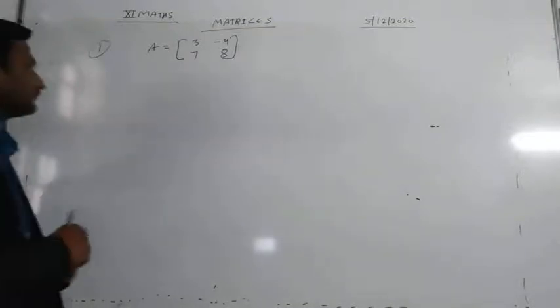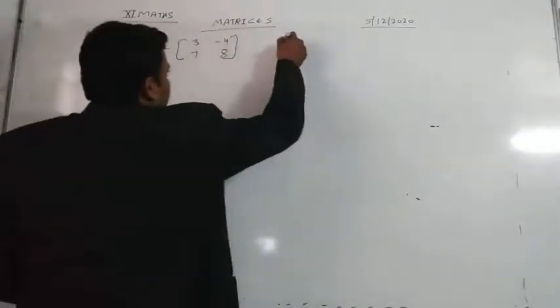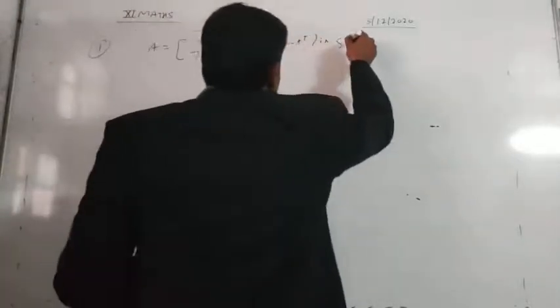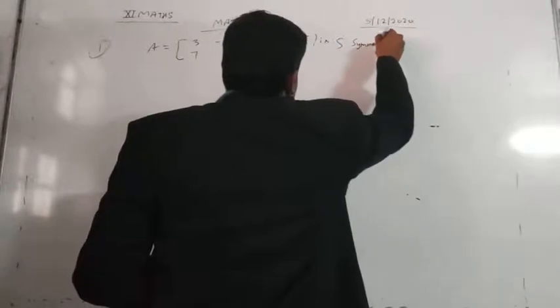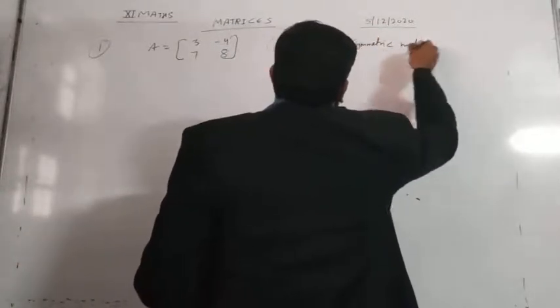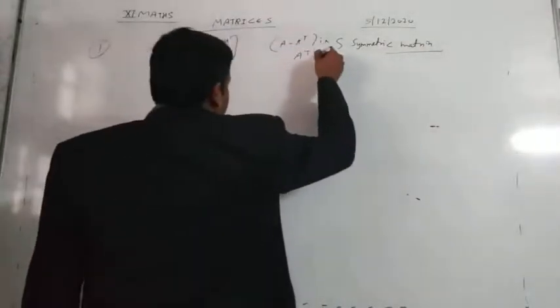So we have to show that A minus A to the power t is a skew symmetric matrix.